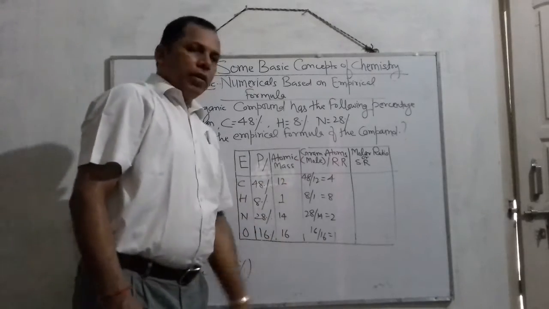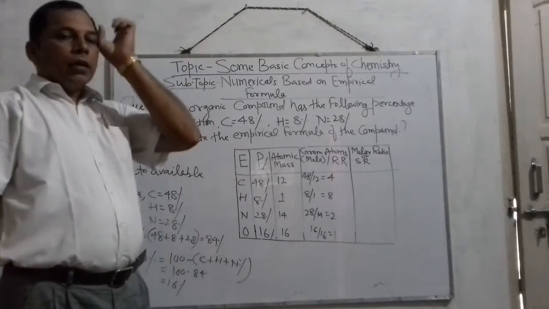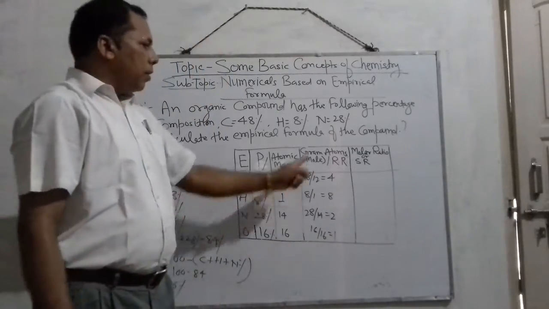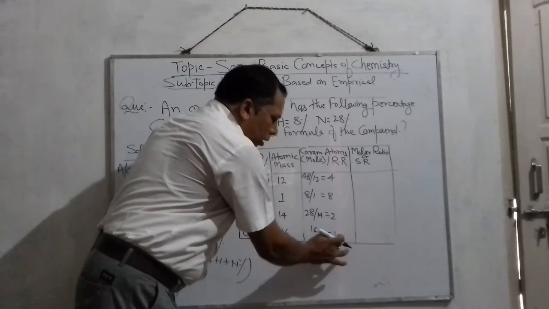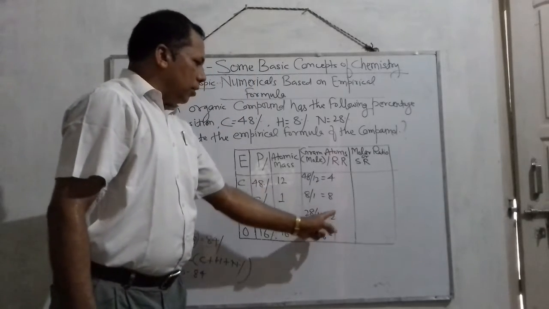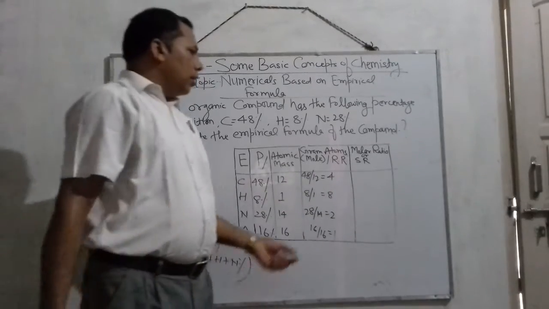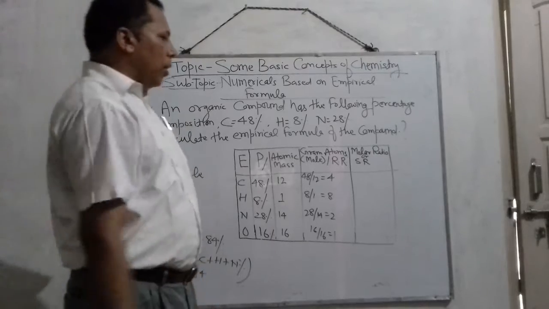So, students must remember, now you have to select the lowest value of the relative ratio. In this, the lowest value is 1. So divide each relative ratio by 1. Then you will get the simplest ratio, also known as molar ratio.